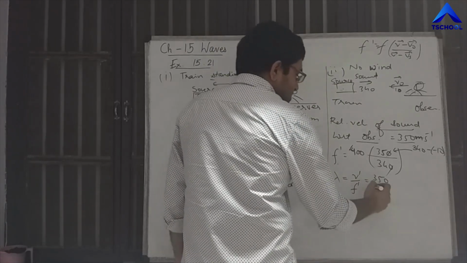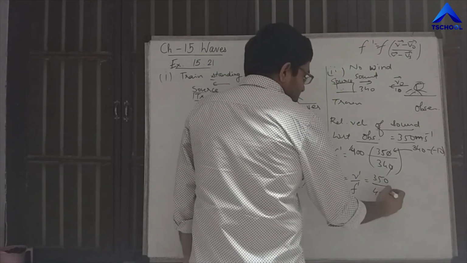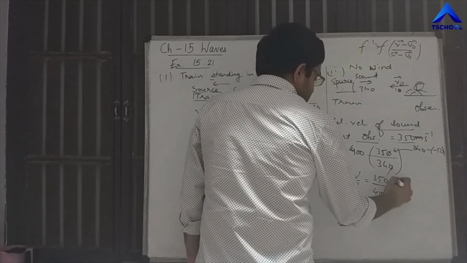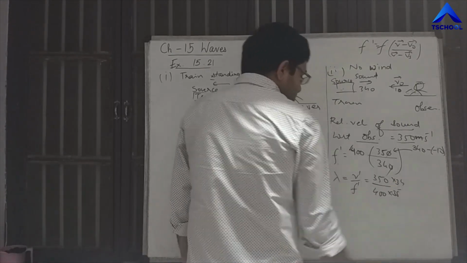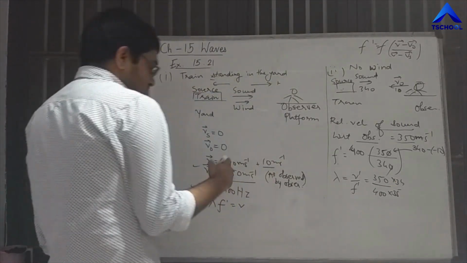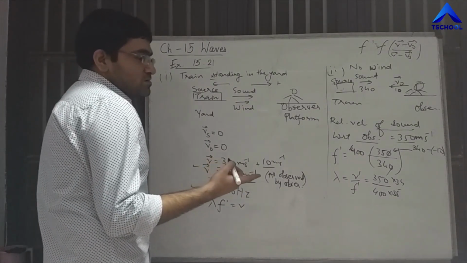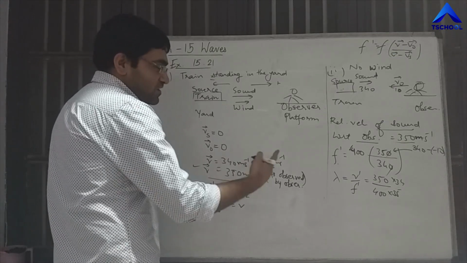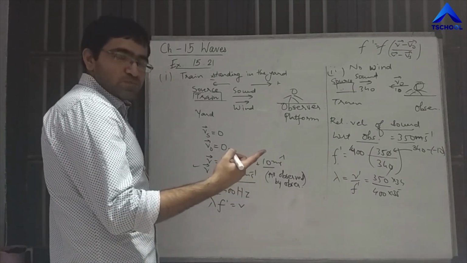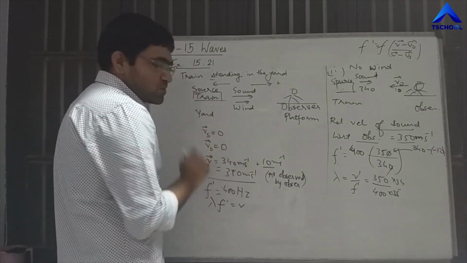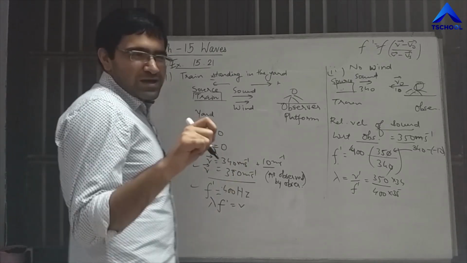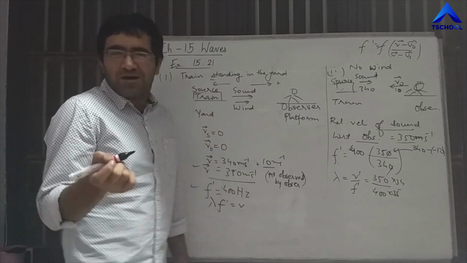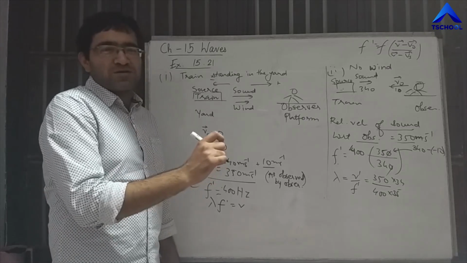So this is going to be 400 into 335 into 34, so whatever this turns out to be. So will the wavelengths turn out to be the same or not the same? That's what you have to figure out. Will the wavelength be same? Alright, so that's what I'm leaving for you. And please think why it is same if it is, or why it is not if not.